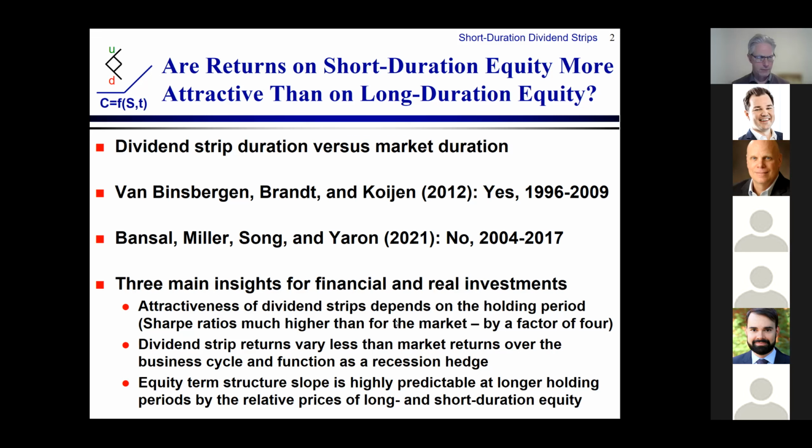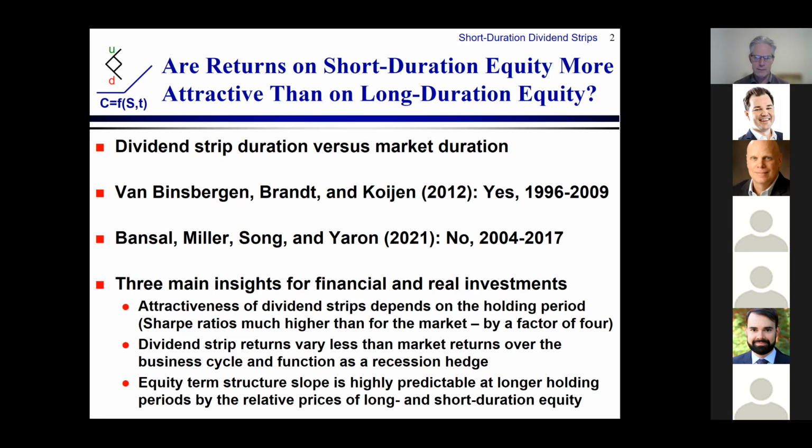That's our second finding. Our third finding is that the equity term structure slope is highly predictable. The equity term structure slope would be the expected return on the market minus the expected return on the strip, so the difference between the two.